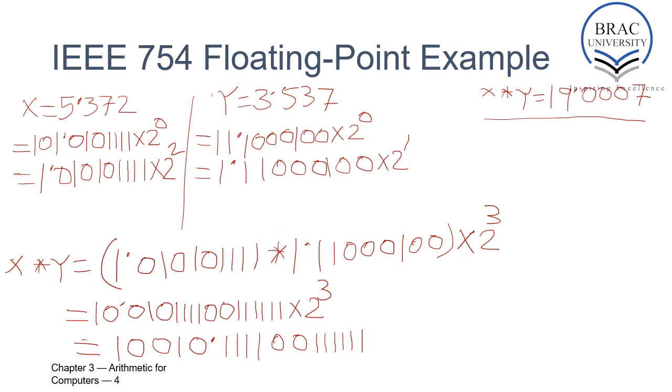So the equivalent decimal value that we can get from this binary representation would be 18.96. Now if you compare this value with the value that we could get using a calculator, you'd see that they are almost similar. If we take more binary values after the fractional part, then we would get 19.0007 or almost that.